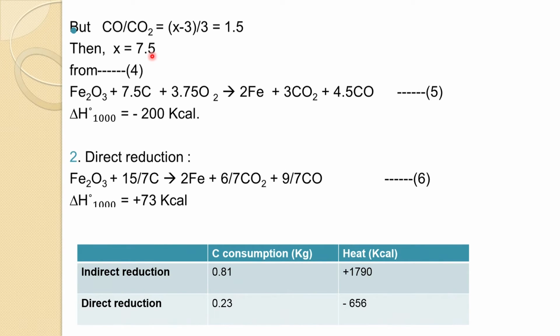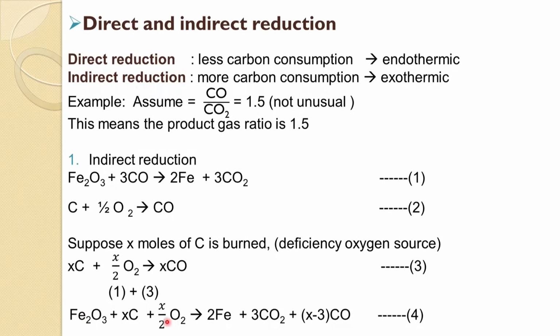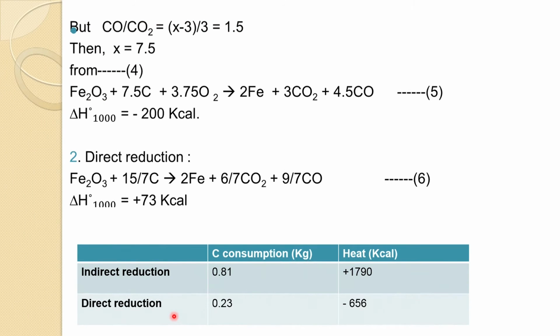Now we can substitute this into the overall equation here. Fe2O3 plus 7.5 carbon plus 3.75 oxygen gives 2 mole of iron, 3 mole CO2 and 4.5 mole of CO at 1000 degrees Celsius. The enthalpy is about minus 200 kilocalories.